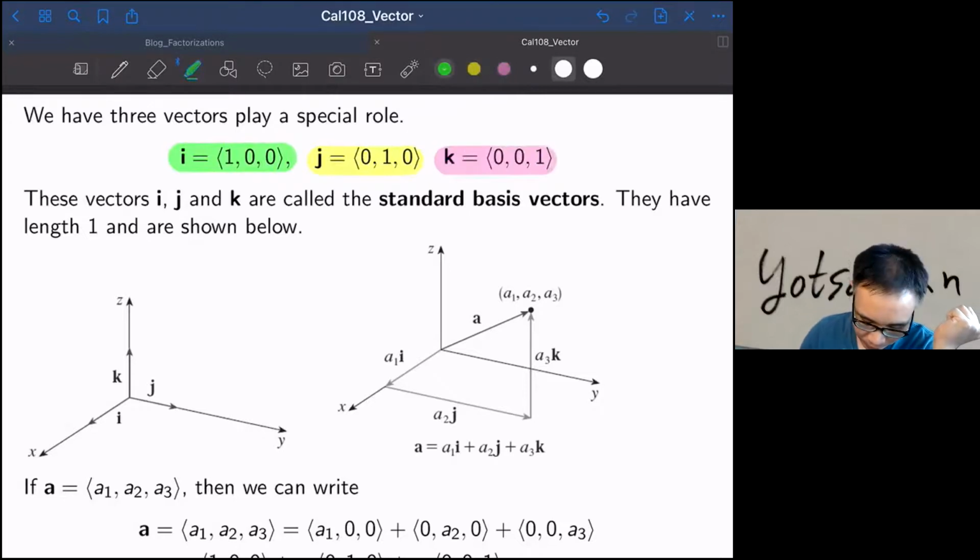These are three important vectors, one on each coordinate axis. Each one is a unit vector, which means the length of each equals 1.